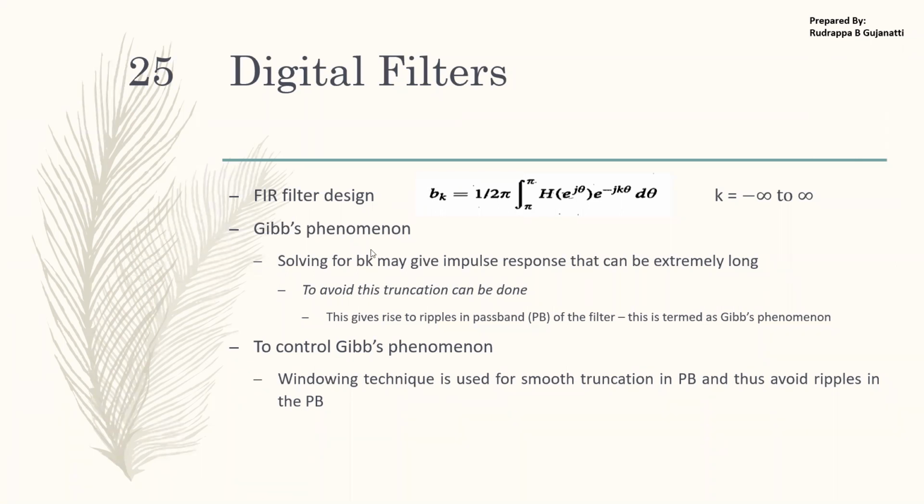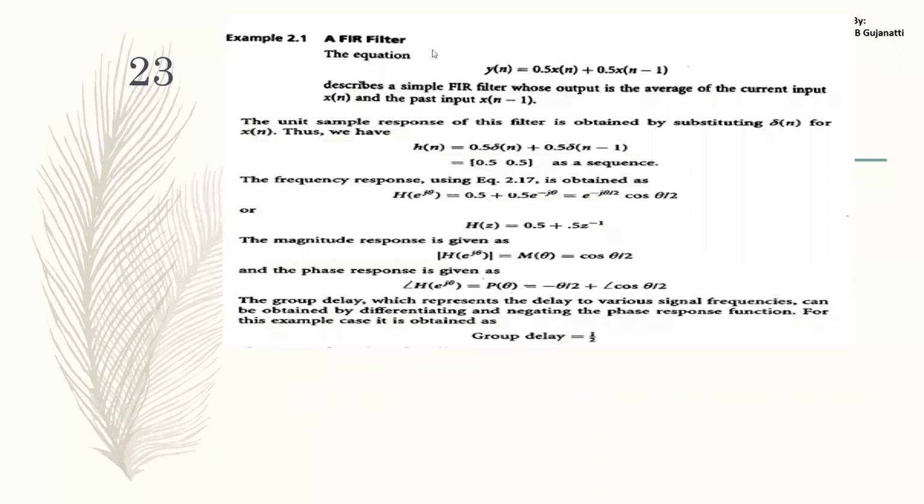So now, how FIR filter coefficients can be identified from the frequency response. We had seen in the previous session that we solved this equation, and in this we obtained the magnitude response and the phase response.